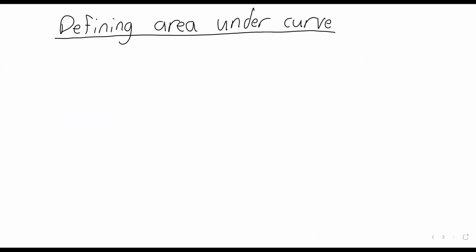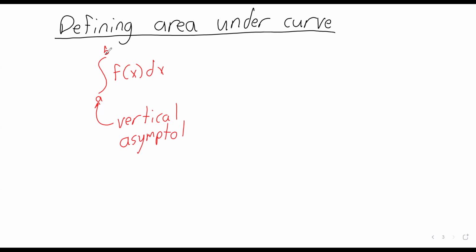Let's look for the moment at the specific case wherein we're taking the integral from a to b of a function, and this a is a vertical asymptote.